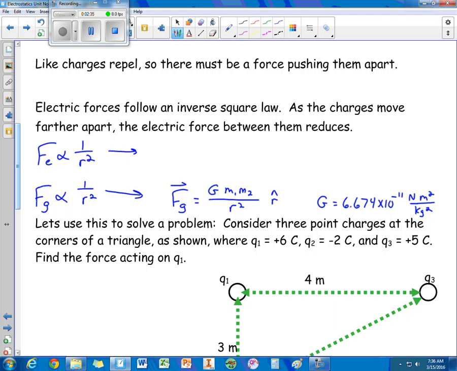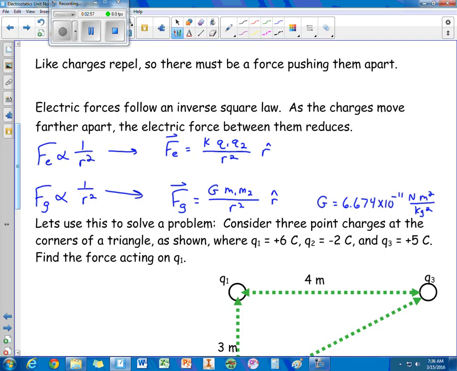So that means then that for electrical forces, we're going to see something very similar. We're going to have a constant. We're going to have two charges, and they're separated by a distance squared. And we can turn this into a vector.